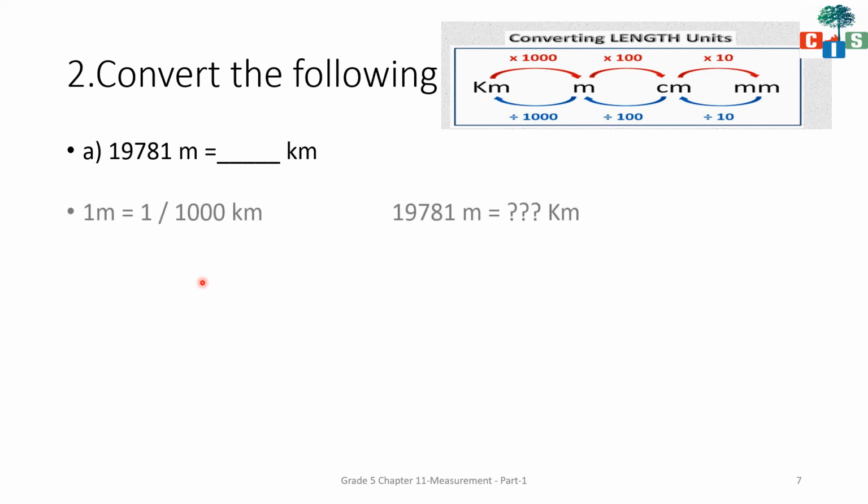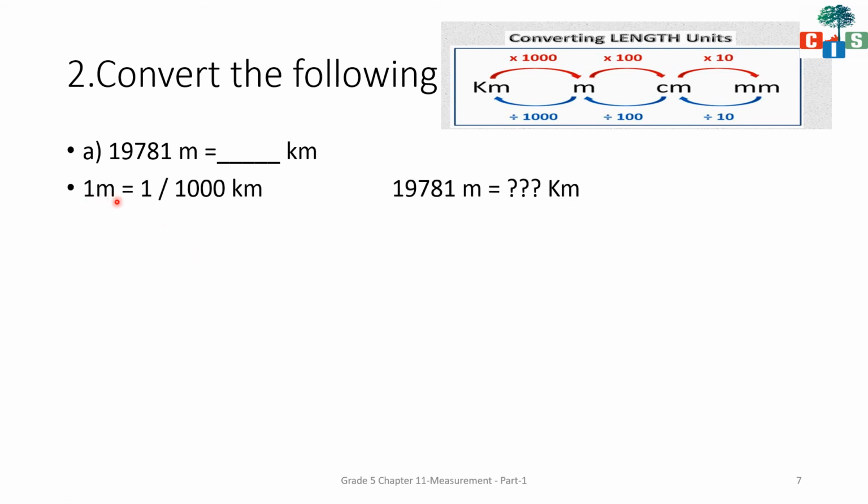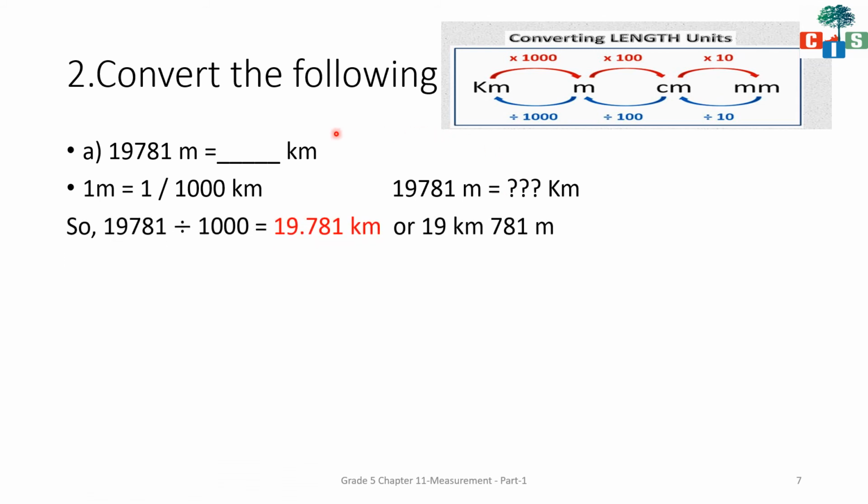Okay, now let's see how to do that. See, 1 meter equal to 1 by 1000 kilometers. So how much will be 19781 meters? For that, we need to divide 19781 by 1000. Now let's count the number of zeros over here.